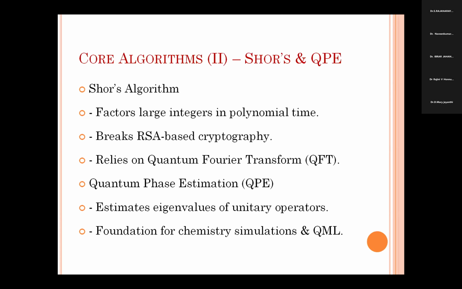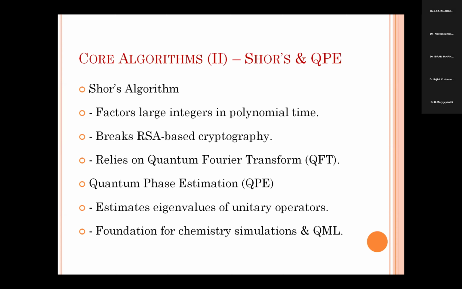One is classical preprocessing, where we use a random number to find the factors. Then quantum period finding, the second step of Shor's algorithm.